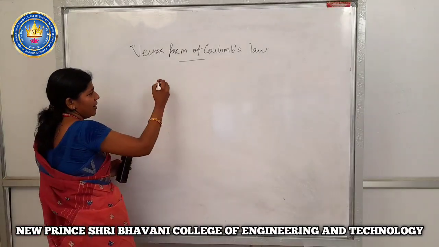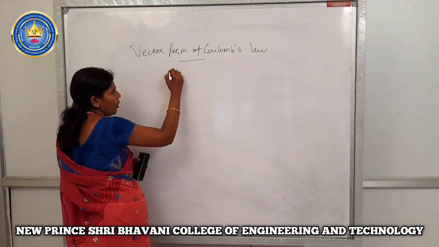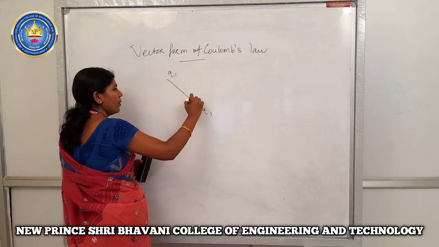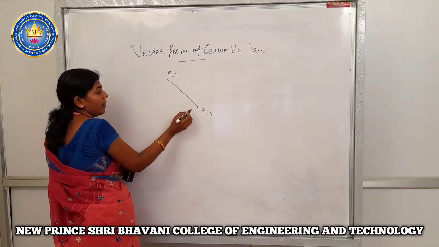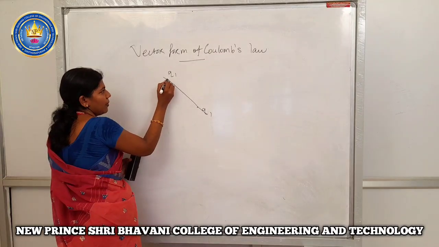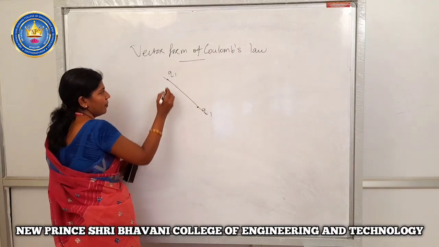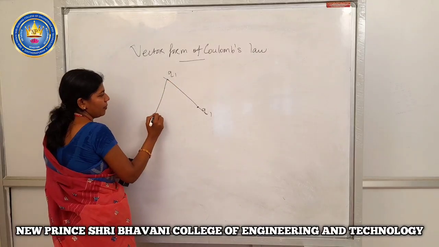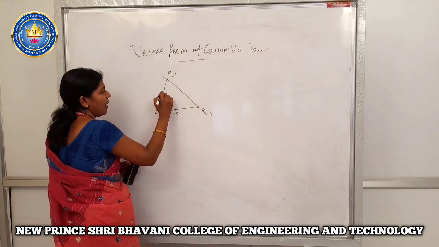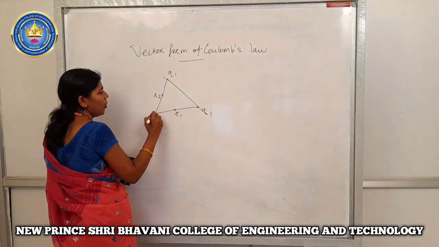For this, let us consider two point charges Q1 and Q2 located at points having position vectors r1 and r2. This is the origin.